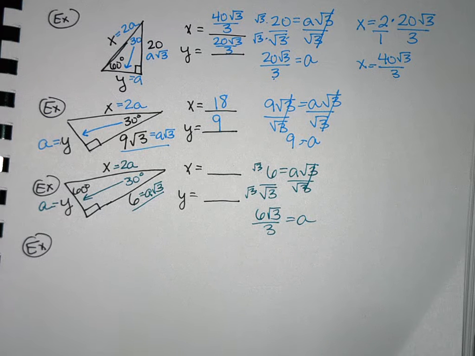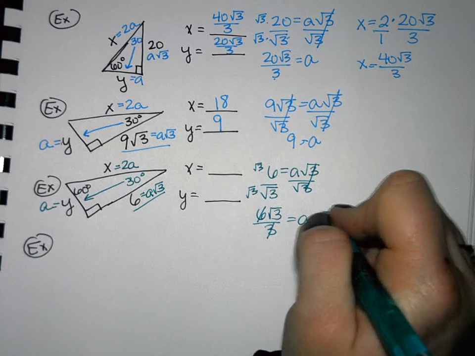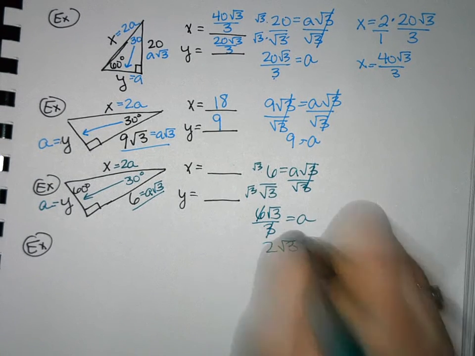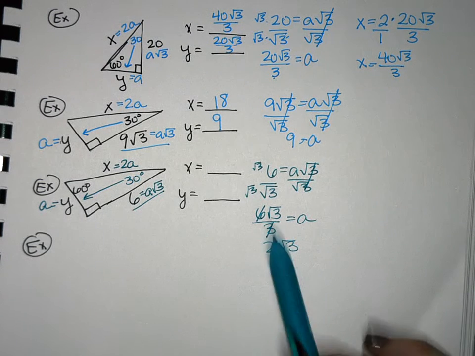Can we simplify this further though? Yes. What simplifies? The outside 3 and the outside 6. So that means we're actually going to end up with 2 root 3. So it's outside only. So the root 3 stays root 3.